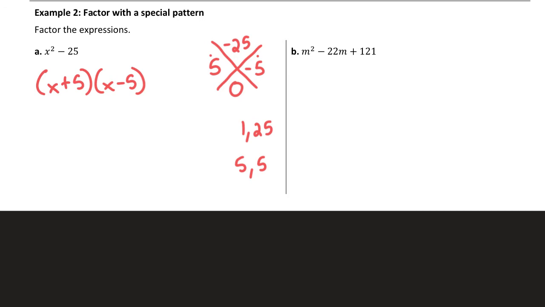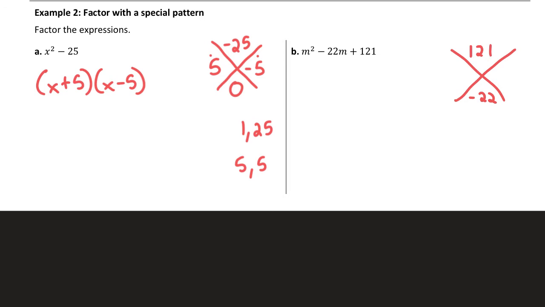Okay. For part B in this example, we are looking for numbers that multiply to be 121 and add to be negative 22. So again, we look at this, multiply to be 121, add to be negative 22. Well, in my brain, I'm thinking both numbers have to be negative, because a negative plus a negative is negative, and a negative times a negative is a positive.